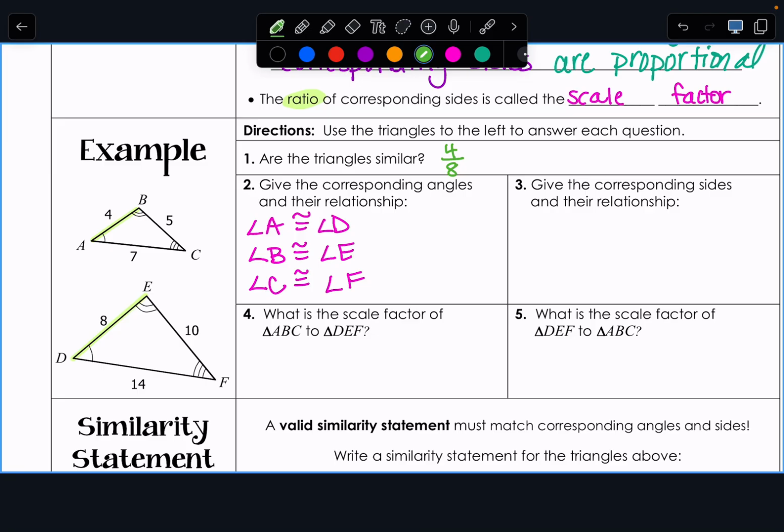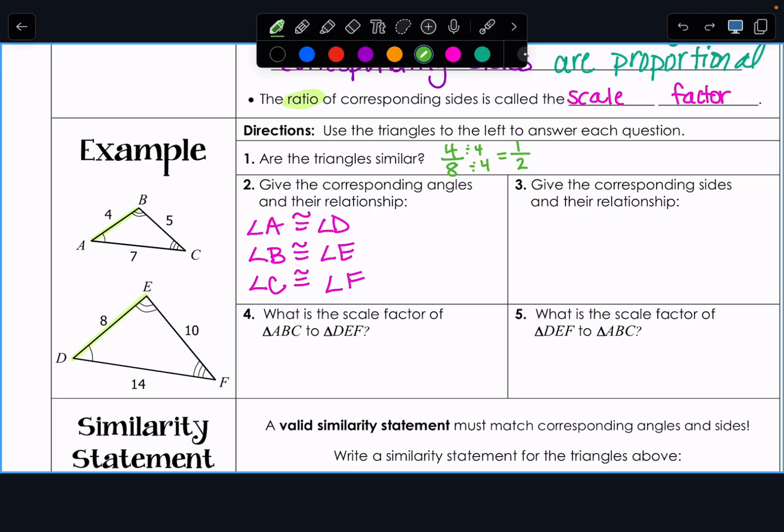By what number? Yeah, let's reduce it by 4. 4 divided by 4, and 8 divided by 4. So the ratio of side AB to side DE is 1/2.